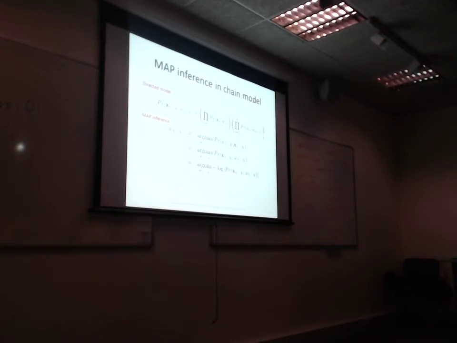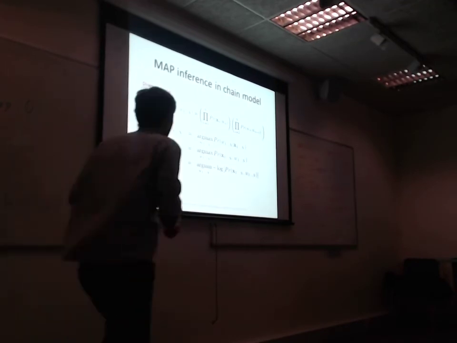Probability of x given w times probability of w, and Bayes' rule tells us that equals probability of x and w. We already have probability of x given w times probability of w, equals probability of w given x times probability of x. Okay.